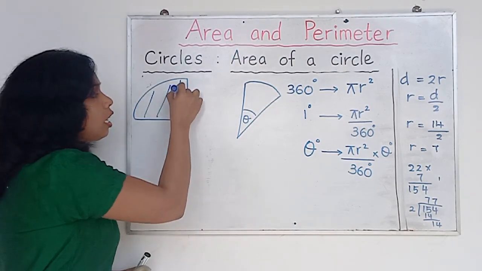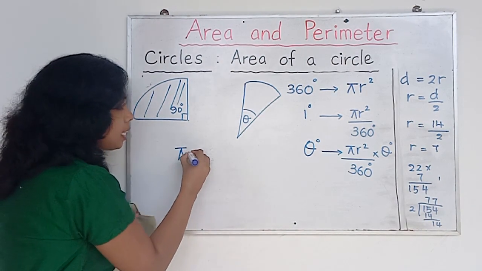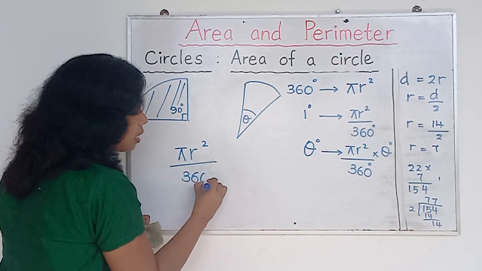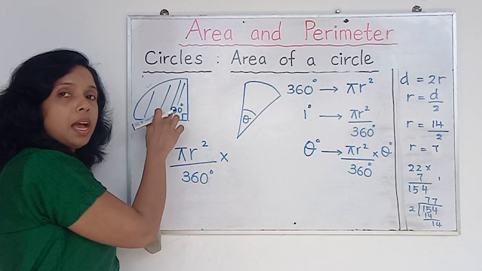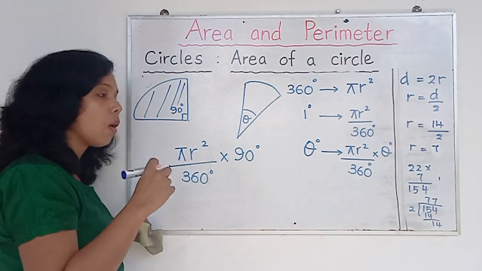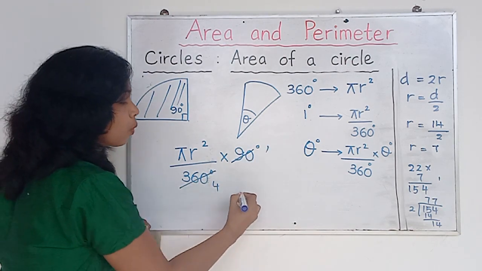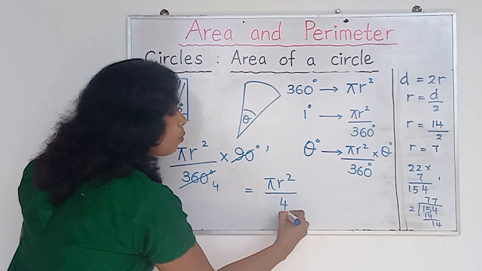To find the area of this quarter circle, the formula is πr squared divided by 360 multiplied by theta. What is the theta value here? It is 90. Right? Now, 90 times 4 is 360, so πr squared divided by 4.